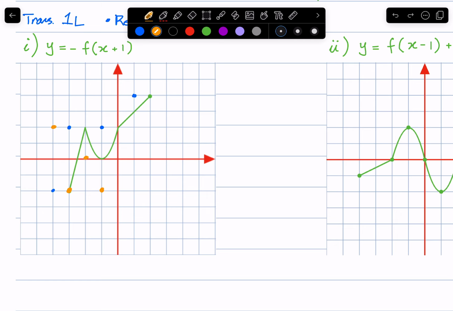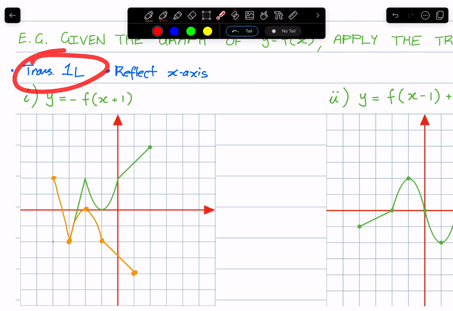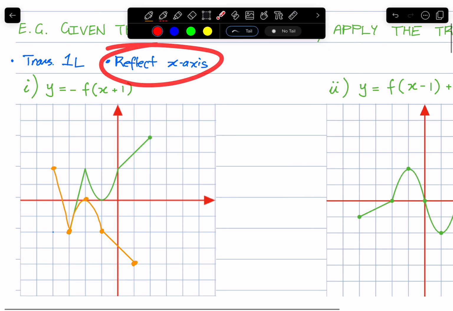And this point reflected on the x-axis, since it is 1, 2, 3, 4 units above, is now going to be 4 units below. So I hope you can imagine what this looks like. It would be something like so. Now that is a translation first and then the reflection.